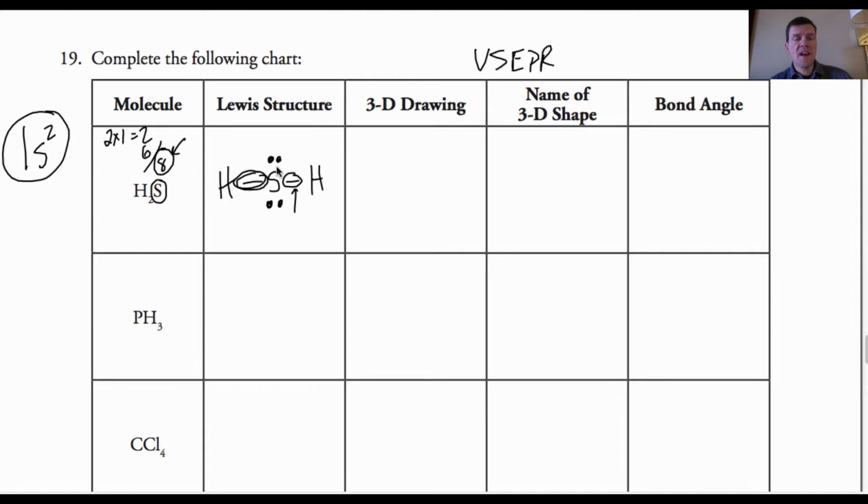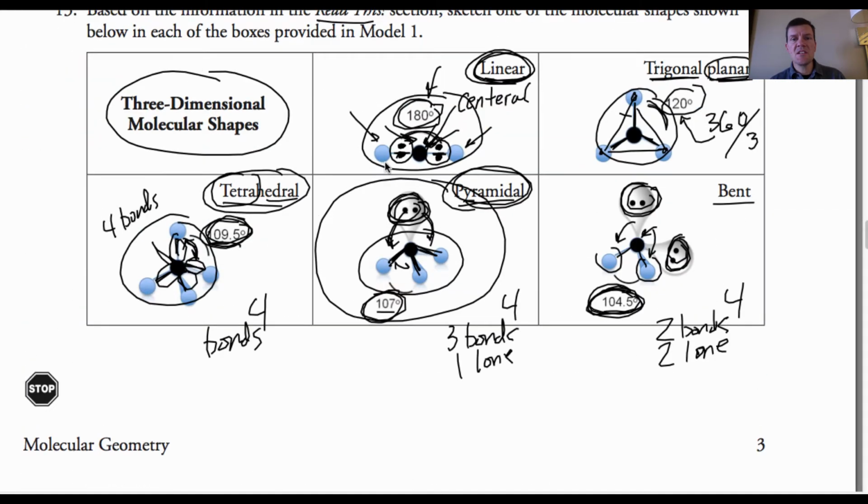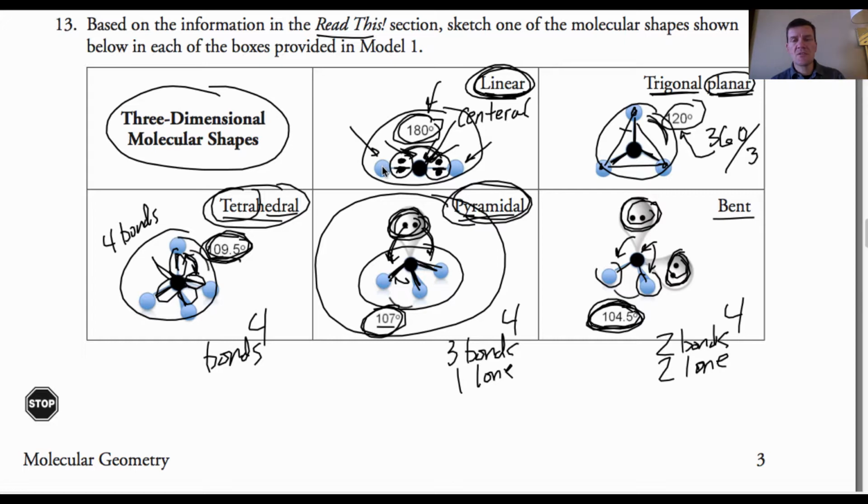So if I have 4 electron regions, 4 domains, 2 bonds, that automatically is going to lead to a particular shape. All I have to do is refer, it's just an easy transfer. Just translate it right to one of these 3D models here.